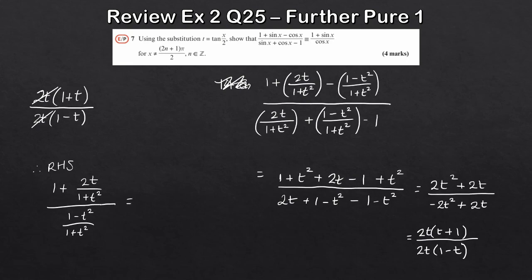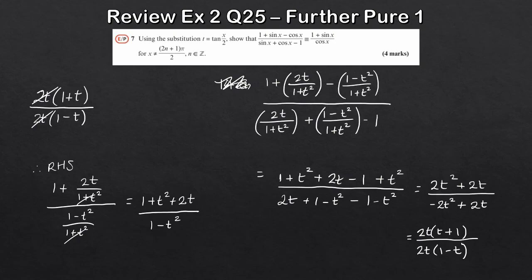Multiplying this 1 by 1 plus t squared, so it's over a common denominator. Notice there's a 1 plus t squared here and a 1 plus t squared here, so they're going to cancel. All I get left with is 1 times 1 plus t squared, so that's 1 plus t squared plus 2t, divided by 1 minus t squared.